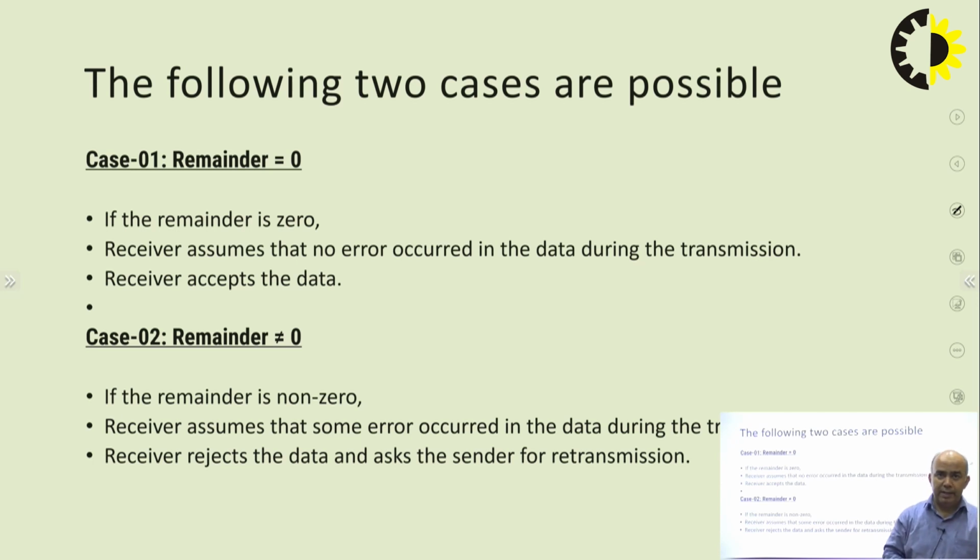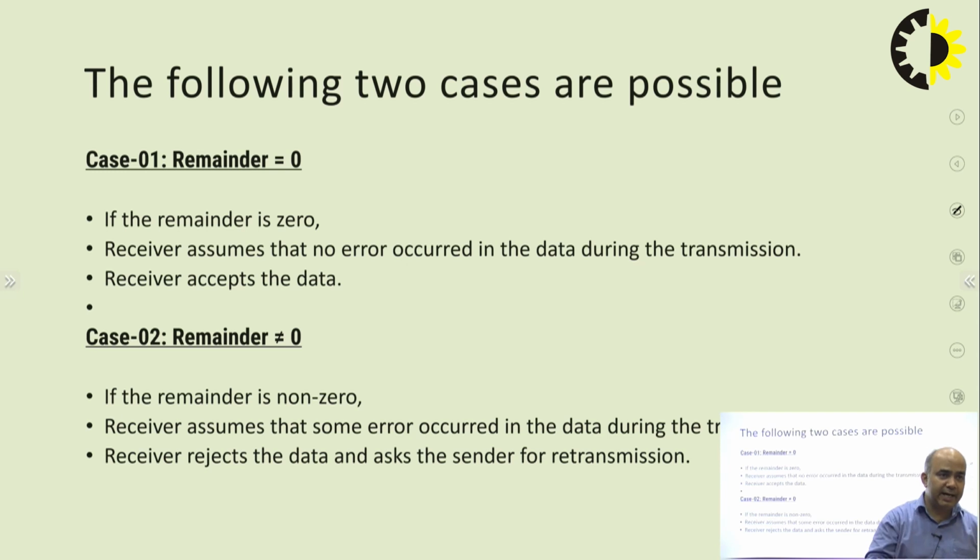So, in the CRC, first, with the help of the code word, we divide the data that is being transferred, and we have to add the number of zeros at the end of the data, divide it, and whatever remainder we get, we replace the zeros with it and send it to the receiver, the other node.